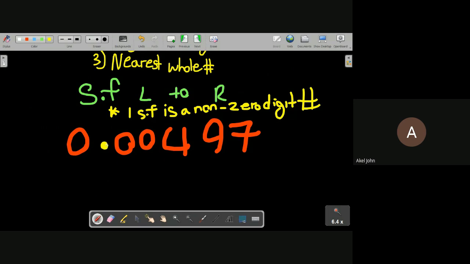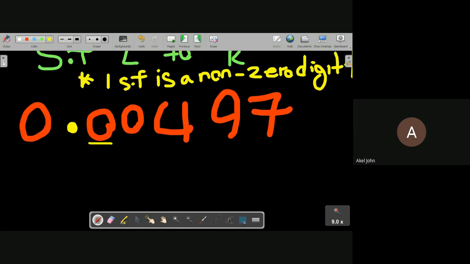You can locate the decimal point right here. Is this our first significant figure? No. Our first significant figure must be a non-zero digit. So in this case, 4 would be our first significant figure.